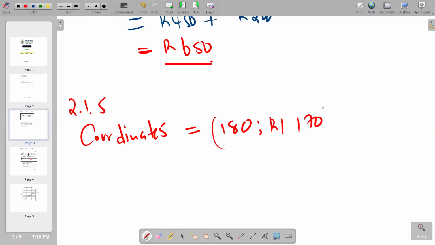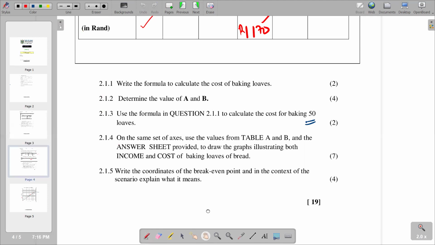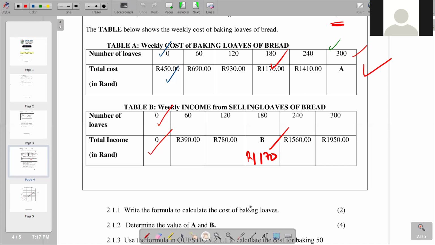So this is indicating our coordinates, which is the point that we have at this point. So we have determined this one on this side to be 1,170 as indicated by the table, as we saw that that's when we have total income equal to total expenses, that is 1,170. So this is what we have on that.